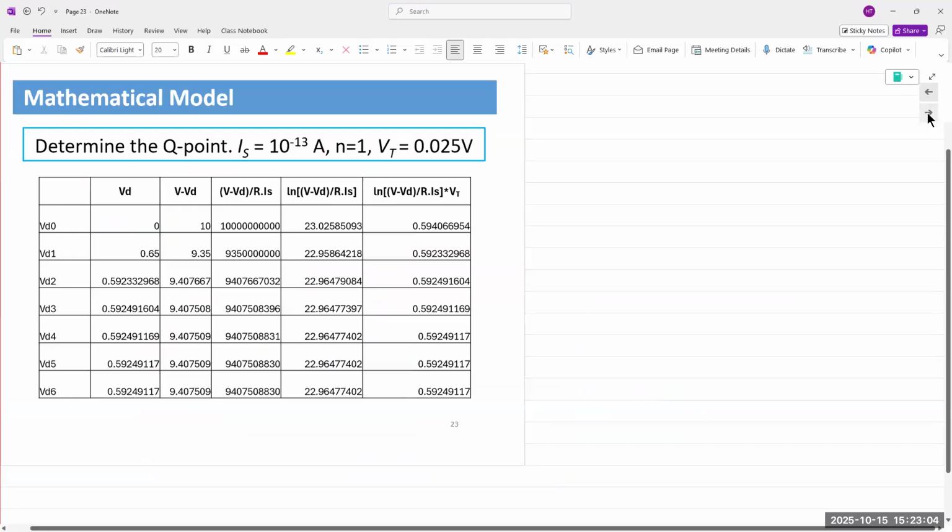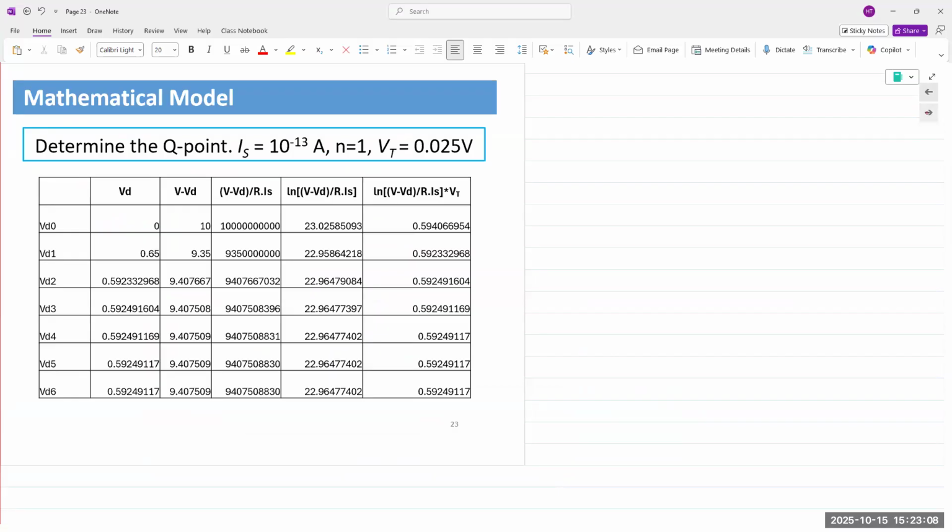So here is something I programmed. I programmed this in Excel just to show you separate results. Obviously, we can just program the equation, pick a starting point, and solve it in MATLAB or Desmos or any equation solver. But let's say I did this.